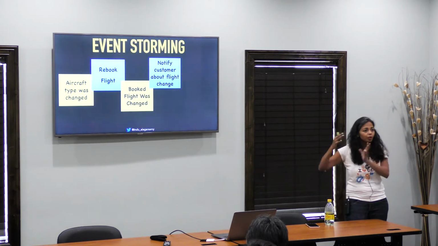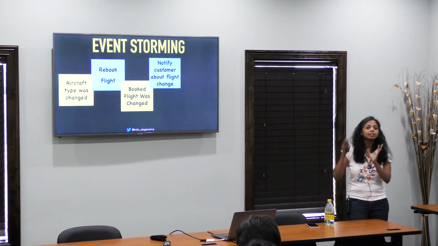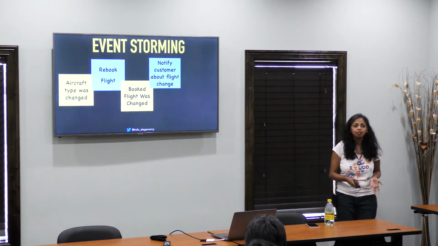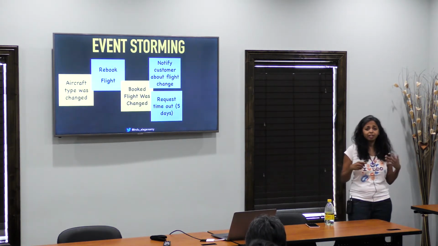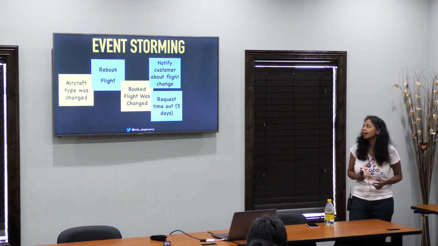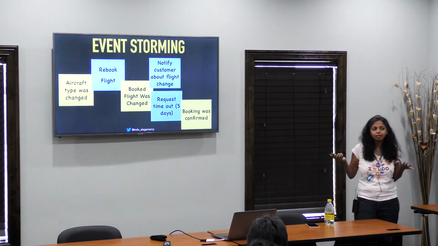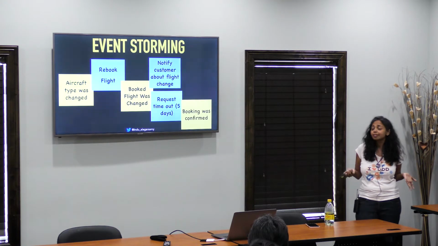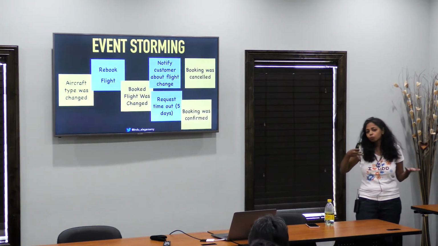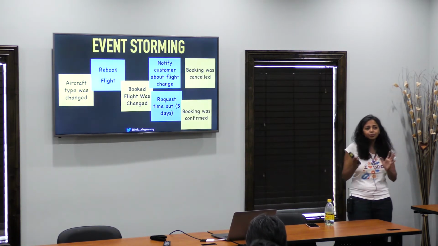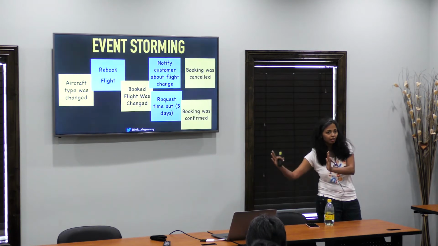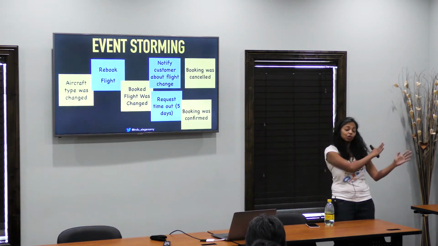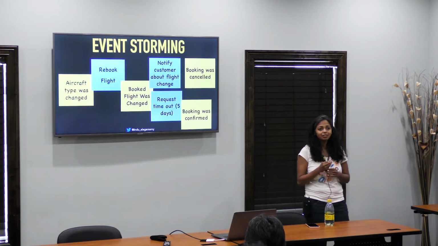Now, when the booked flight was changed, we need to notify the customer, send them an email, and now we have to wait for 5 days. Within that time, if we didn't hear back, booking is confirmed, or we could get an event, booking was canceled. So you start with the most important event first, and then you build your story before and after.